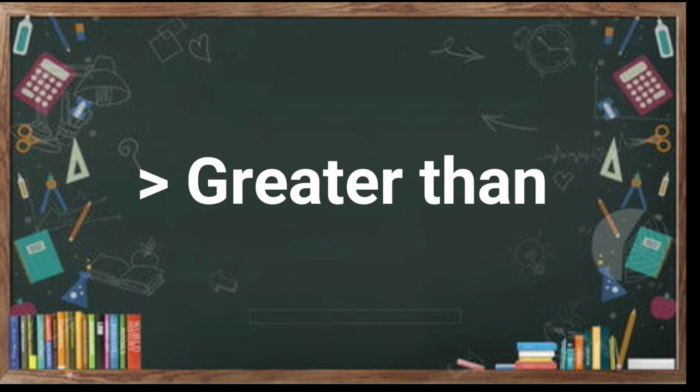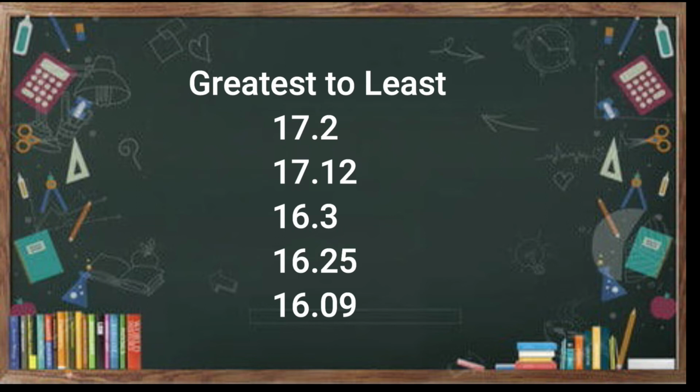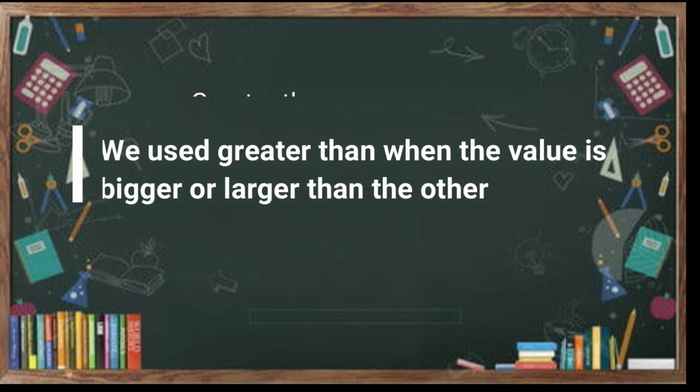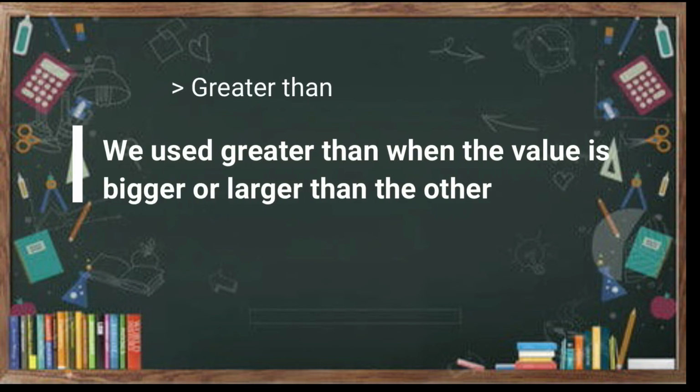Okay, so let us get the example on the table that I have provided earlier. So this is the greatest to least. Let us use greater than. When do we use it? We use it when the value is bigger or larger than the other.